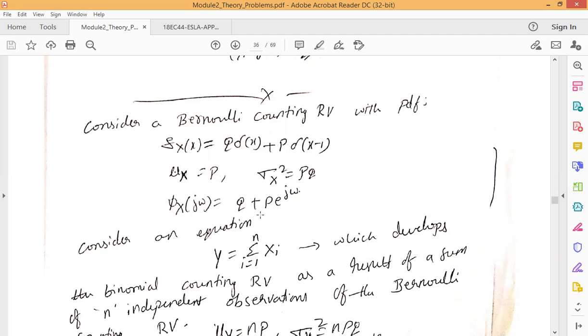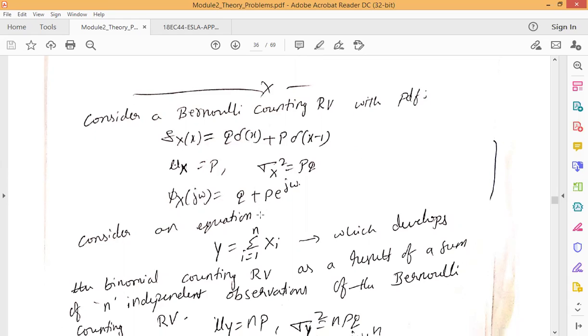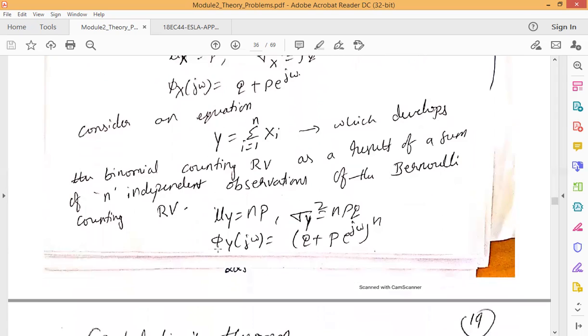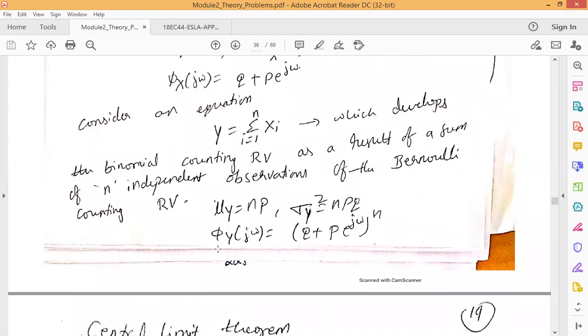Now, having this, we can also develop the binomial counting random variable as the result of the sum of n independent observations of the Bernoulli counting random variable. Here we add n Bernoulli counting random variables, defined by the equation Y equal to summation i equal to 1 to n of X_i.